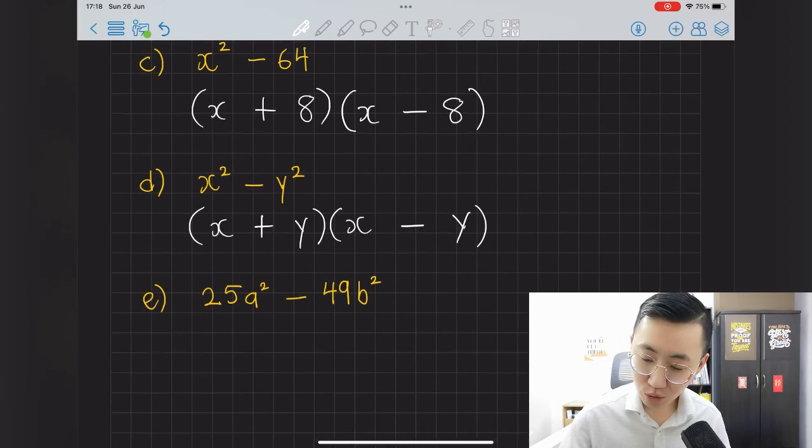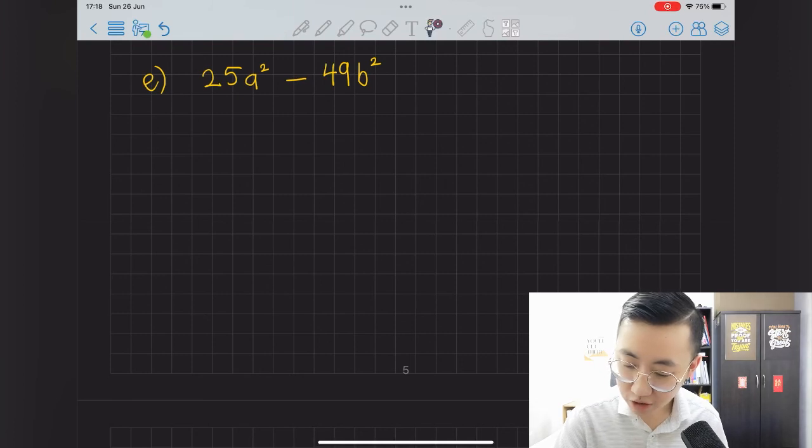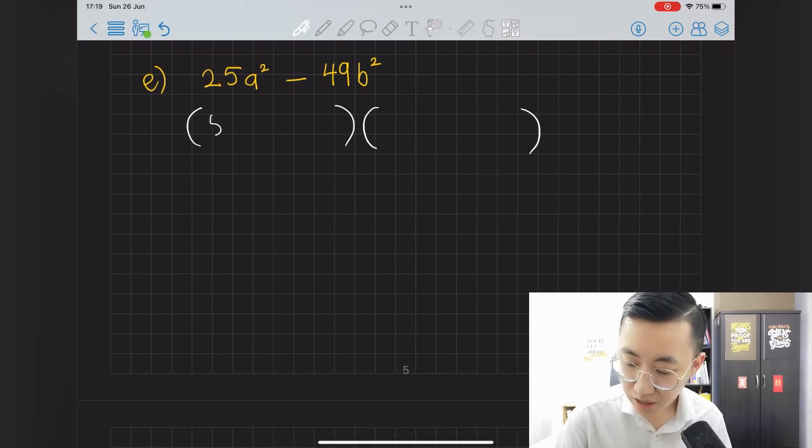So let's do the last question, see whether you can handle this. Alright, so we are going to look at the question. Minus, yes, 49 is a square number, 25 is a square number, so quickly identify it as a double bracket. So we need to think about 25. 25 is actually 5 times 5.